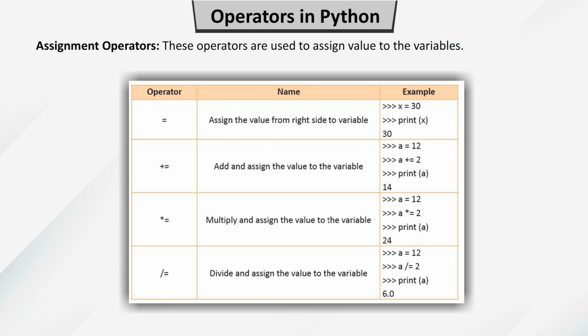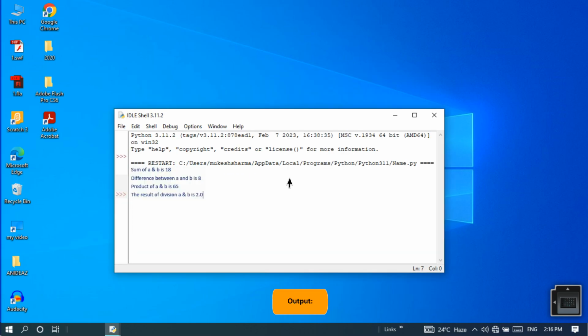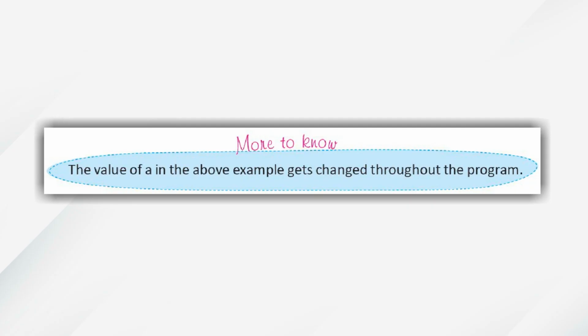Slash equal to divides and assigns the value to the variable. a = 12, a /= 2, print a gives 6.0. Example: output. More to know. The value of a in the above example gets changed throughout the program.